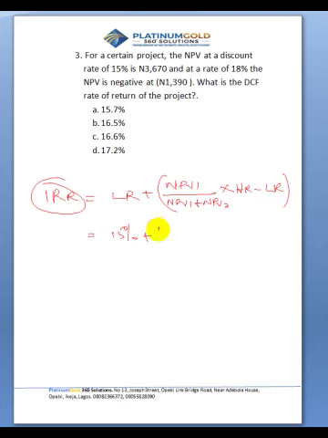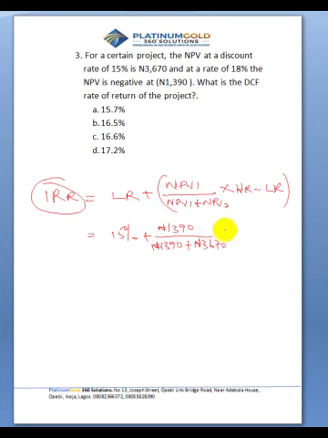That is 1390. In this place, you use the absolute figure, all over NPV1 again, 1390 plus NPV2, which is 3,670.